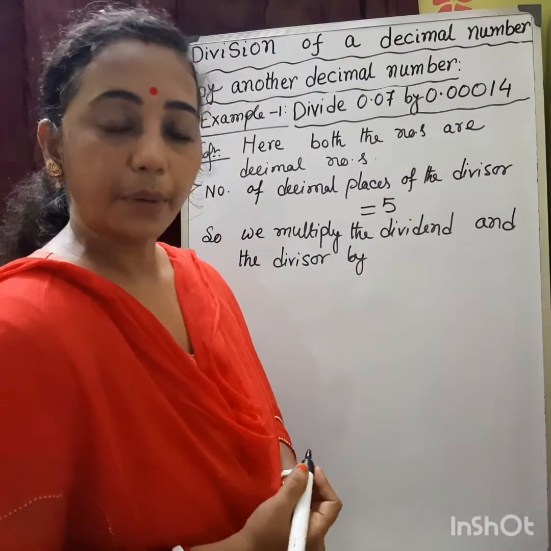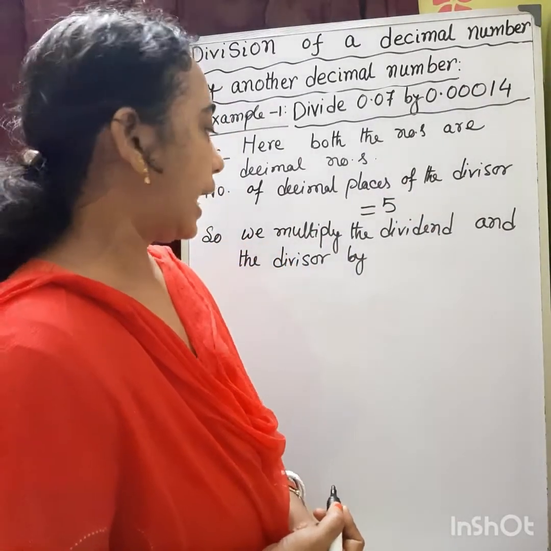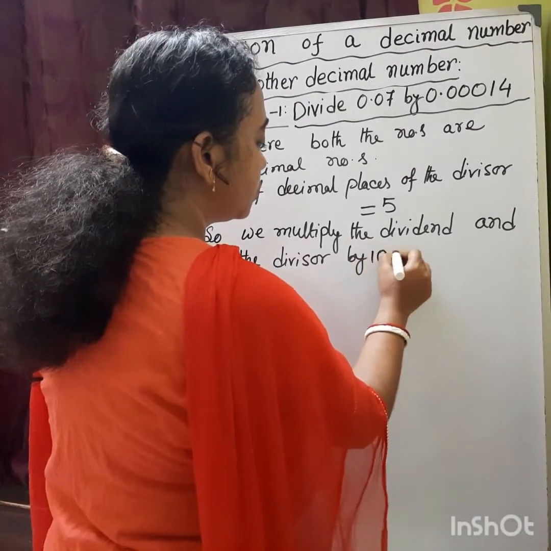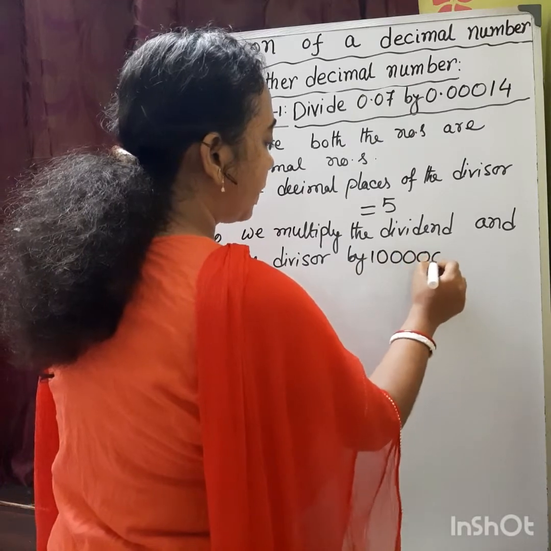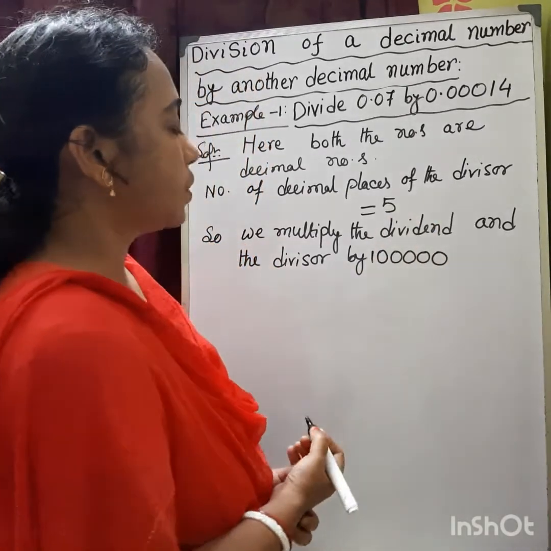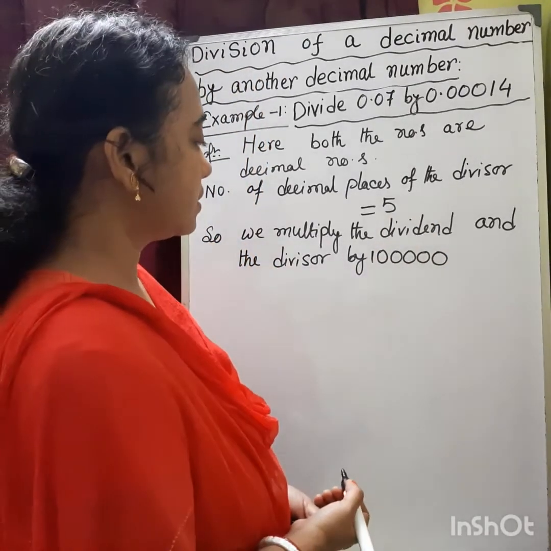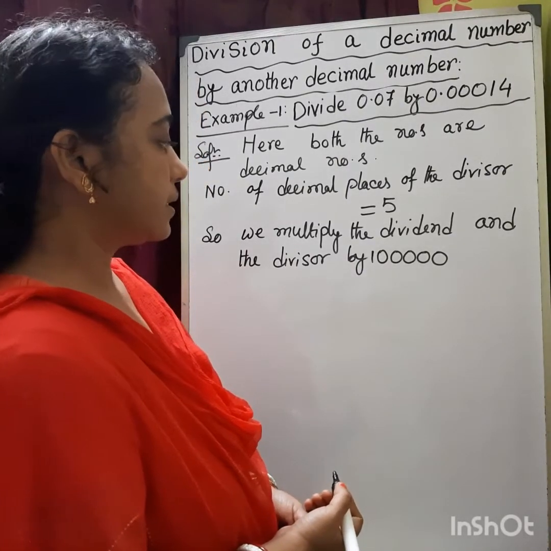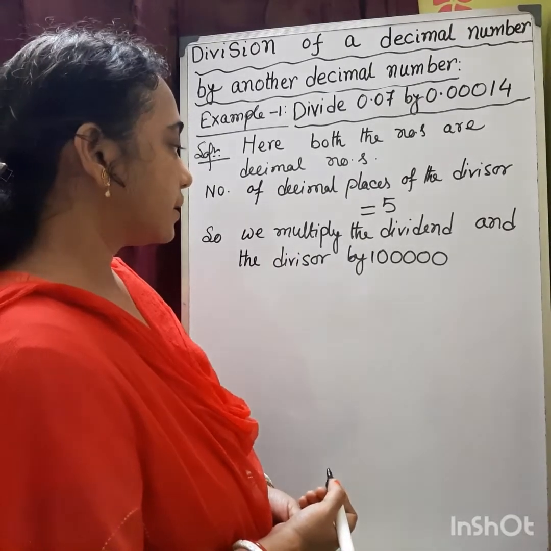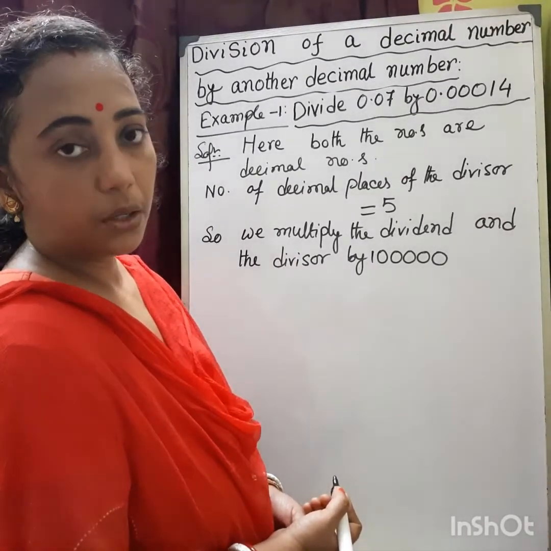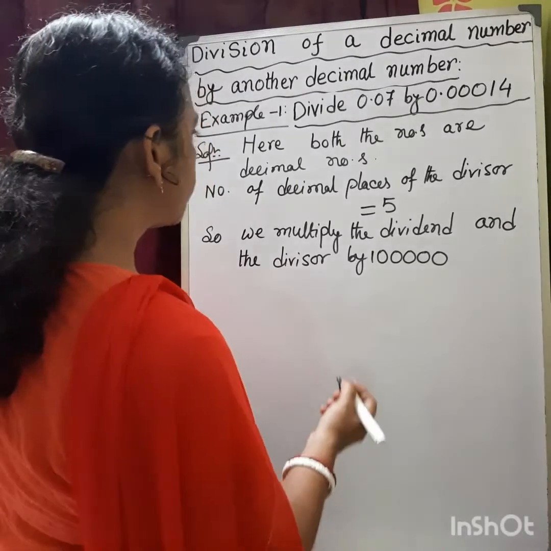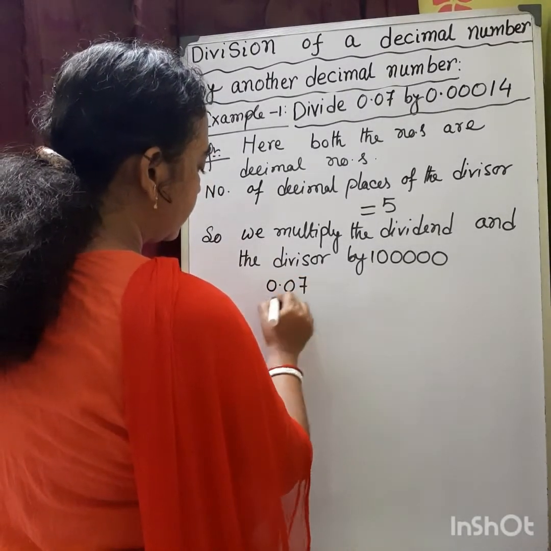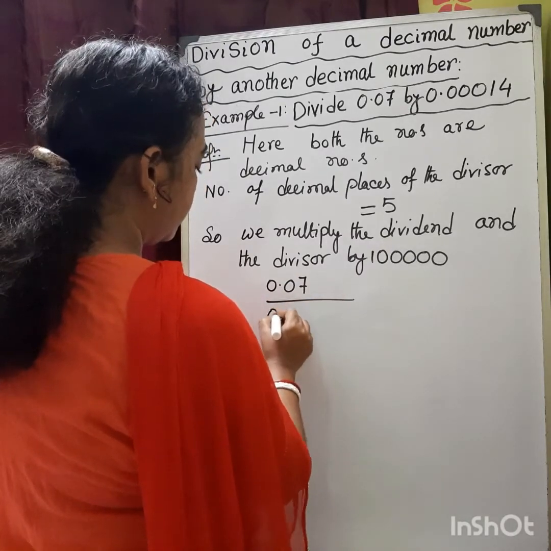So we multiply the dividend and the divisor by 1 followed by 5 zeros, because the divisor has 5 decimal places. That means we need to multiply the dividend and divisor by 1 lakh so that the divisor becomes a whole number. So now let us multiply them with the same number, that is by 1 lakh.